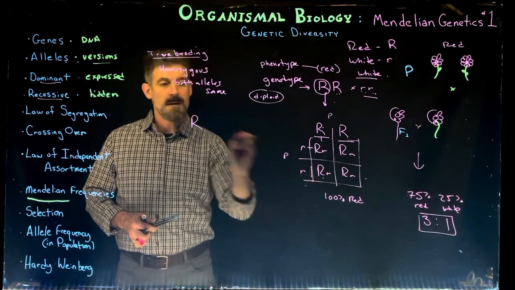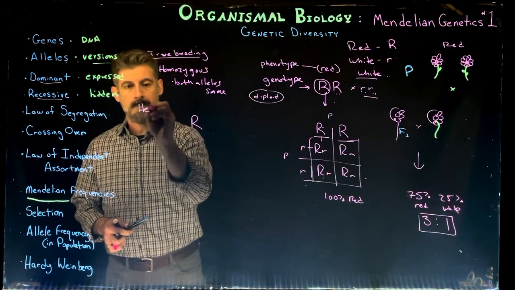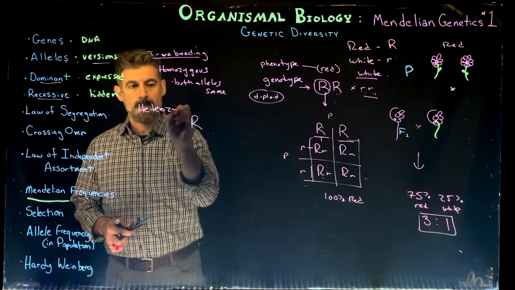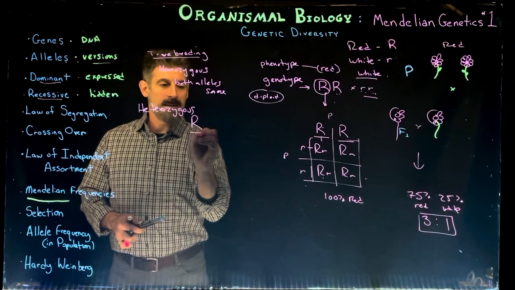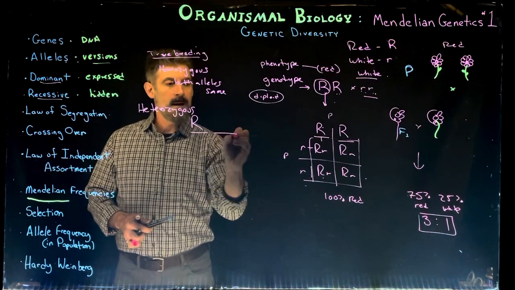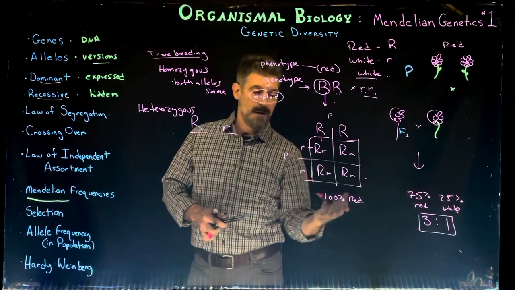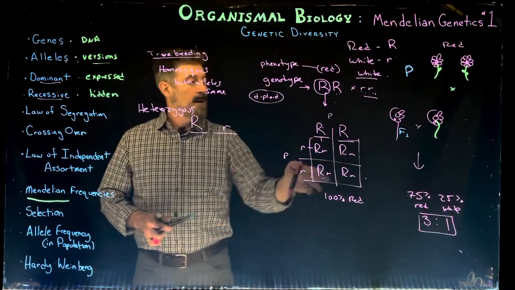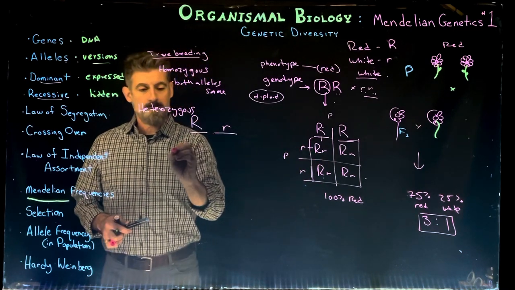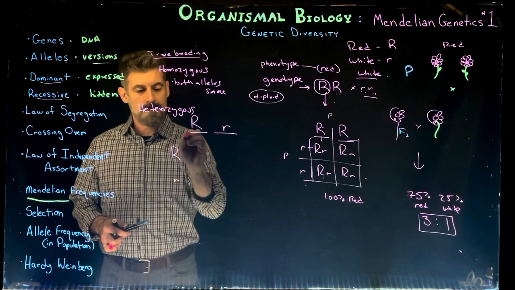So this genotype is heterozygous. So it's going to have the dominant allele as 1, and then it's also going to have the recessive allele. So even though it has the recessive allele, it's going to look red. That's because it's dominant. Any other individual that it's crossed with in that population is going to have the exact same genotype.